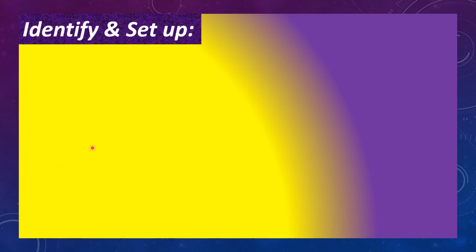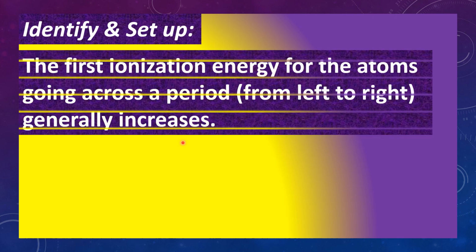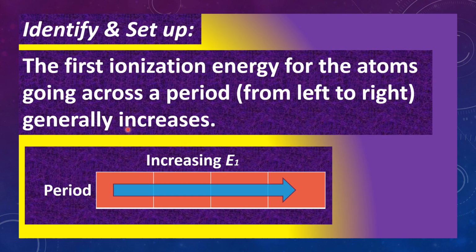What is the trend for the first ionization energy? So, the first ionization energy for the atoms going across a period, that's from left to right, generally increases.